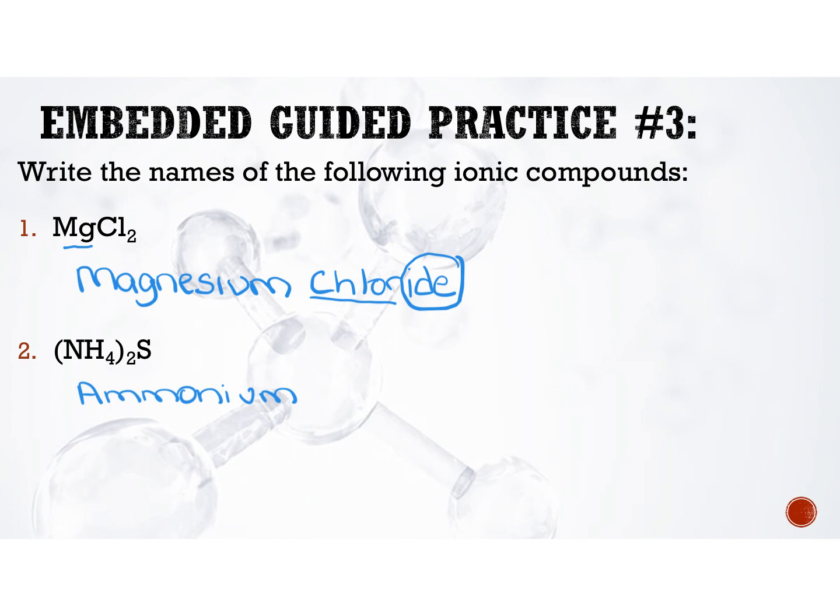And then we have the S. We know that S is sulfur. We also know that we need it to end in IDE. So we write down the root part, and then instead of writing UR, we're going to write IDE so that it ends in IDE. And that's how we're going to name these ionic compounds.